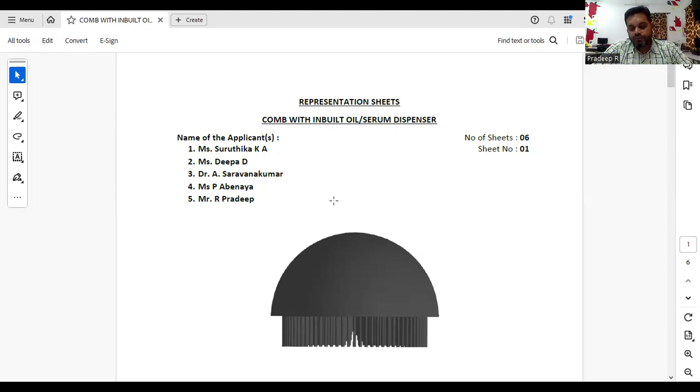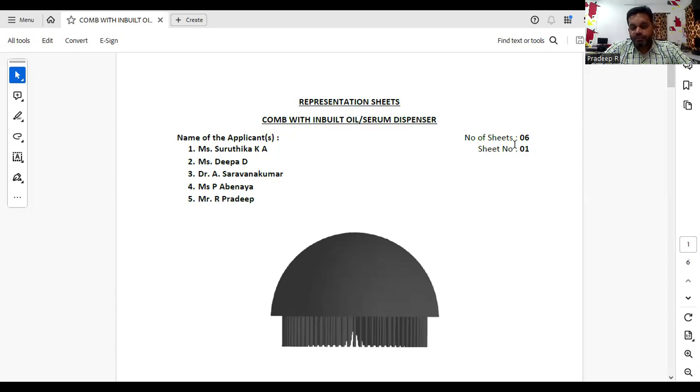Before going for the documentation part, I'll tell you some basic things to be followed. In the title, we have to give the representation sheet. In the next line, we have to tell them the name of the article. The name of the applicant should always be on the left side of the document. And the total number of sheets is 6. The design articles, whichever we are going to do, that has to be taken into account.